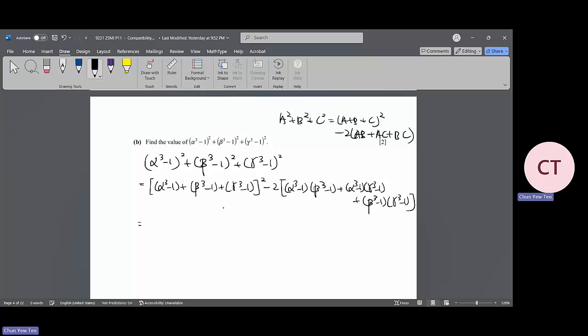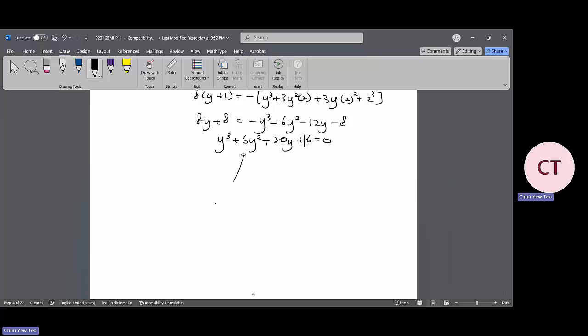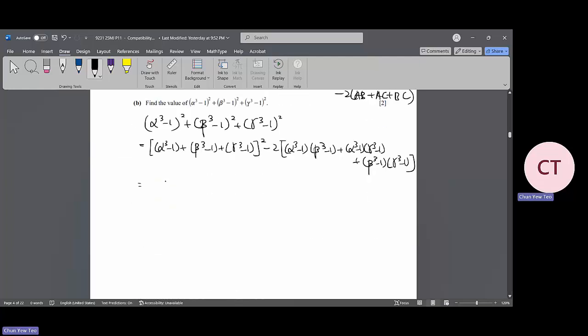Okay, so all this we can find from the answer in A. So this will be a plus b plus c, which will be negative 6. This one, ab plus ac plus bc, is equal to 20. So over here you will have negative 6 squared minus 2 times 20. So you get 36 minus 40, you get negative 4. So this will be the answer for B.